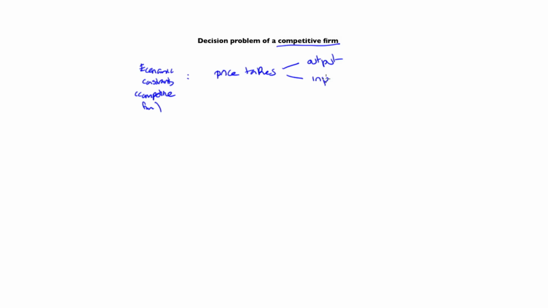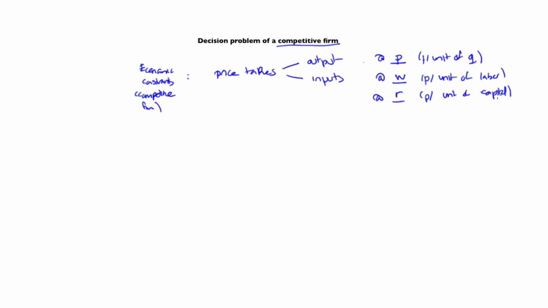So in particular, we're going to assume that they sell at fixed price P. So every unit of Q that they produce sells at fixed price P. So this is per unit of Q. And then the inputs, they also have to be bought at fixed price, which is at wage W per worker, per unit of worker or labor, and at R per unit of capital.